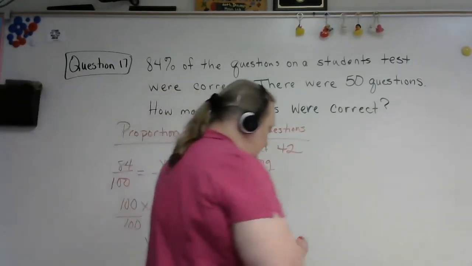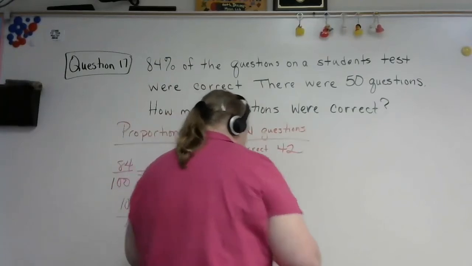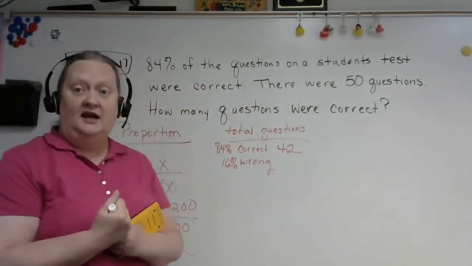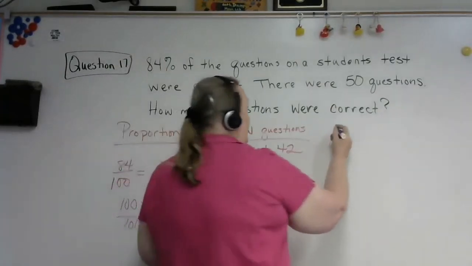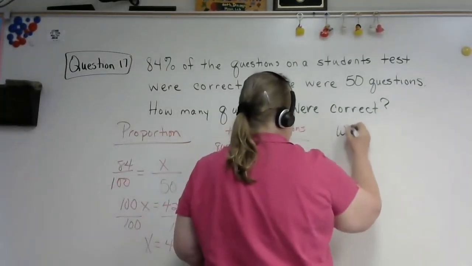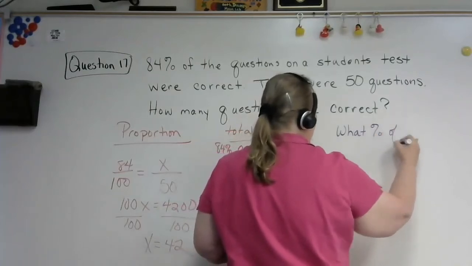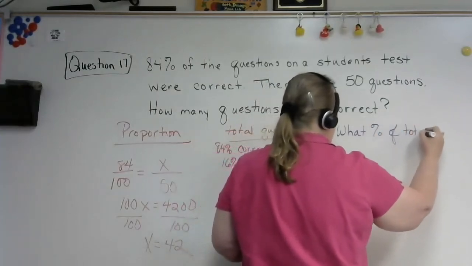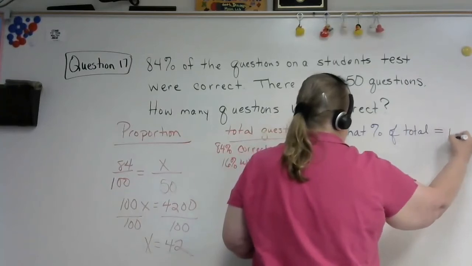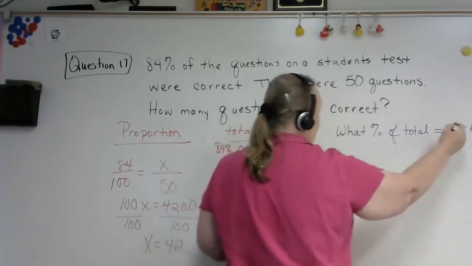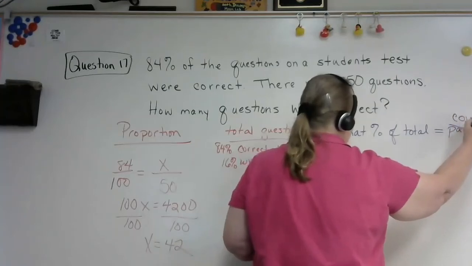We could also do this one using the equation method, which is what percent of the total equals the part. In our case, what percent of the total equals the part that is correct.